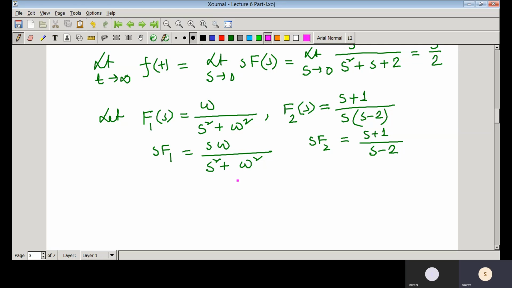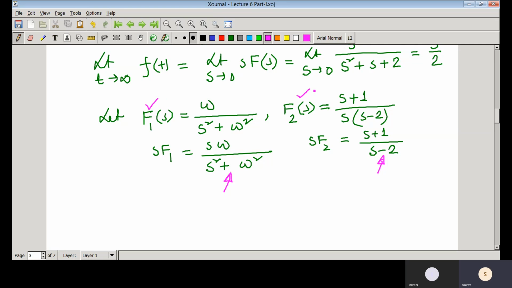You can see that this function has two poles on the imaginary axis, plus minus j omega, and here it has a pole at 2. That means this pole lies in the right half of the s plane. So both the functions F1(s) and F2(s) are not analytic.